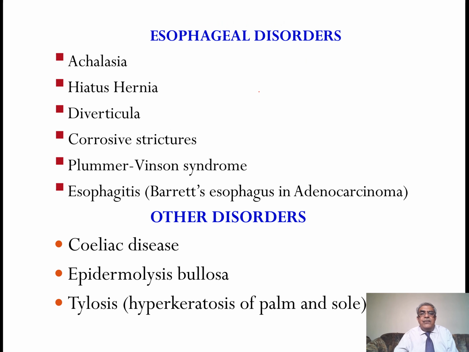and then esophageal disorders, as I have already told you: achalasia, hiatus hernia, Zenker's diverticulum, corrosive strictures, Plummer-Vinson syndrome, and in adenocarcinoma, Barrett's esophagus. I repeat, esophageal disorders, very important from the viva point of view.